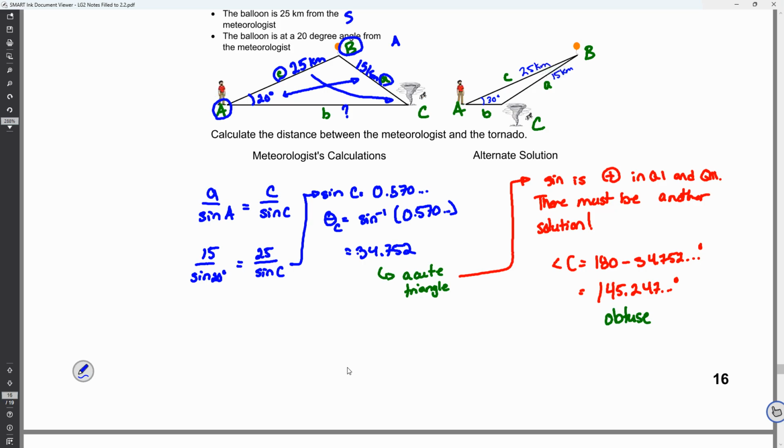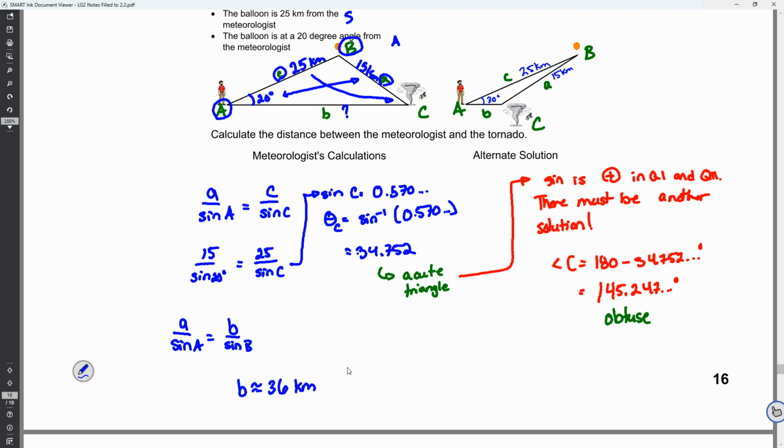Okay. So if I were to solve this all out, A over sine A is equal to B over sine B. I think you all are pretty good at this now, so I'm just going to skip ahead to the answer. I get that B is roughly equal to 36 kilometers.